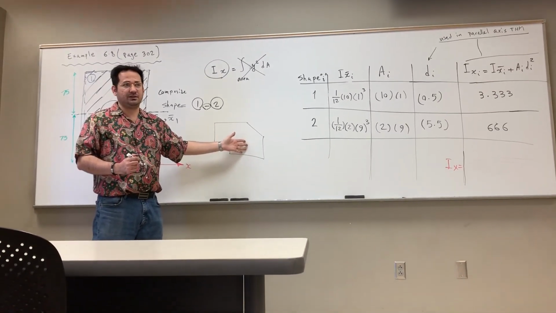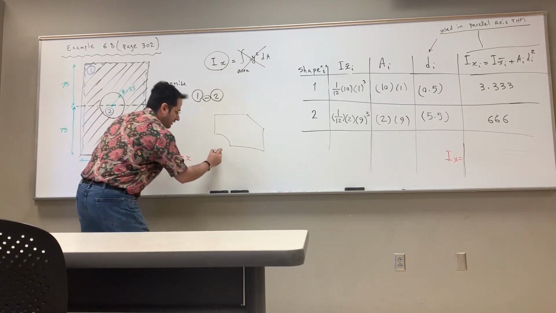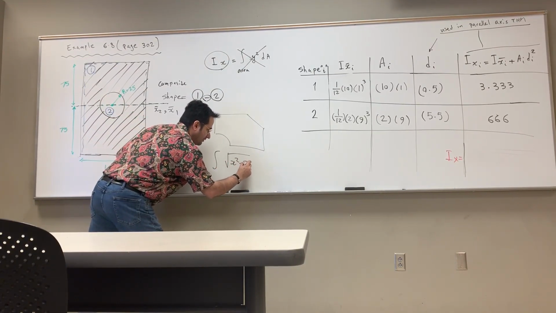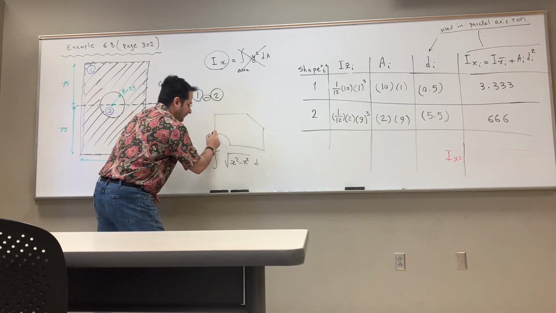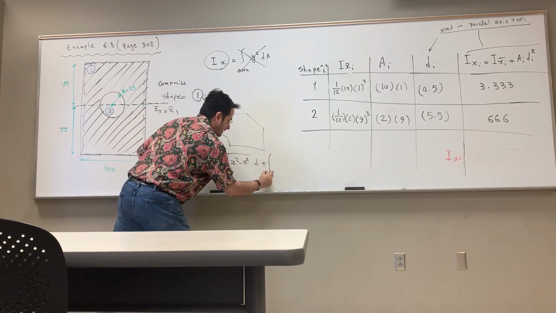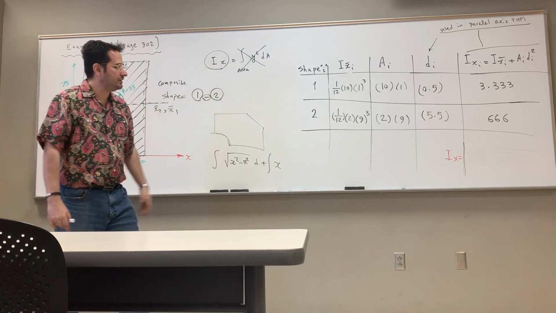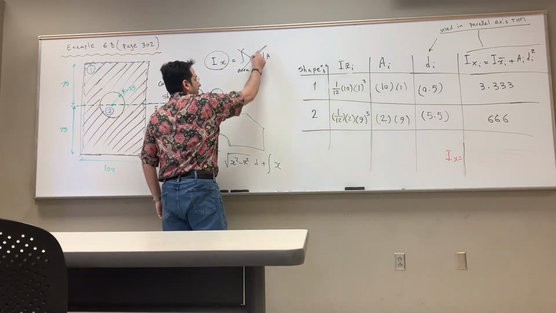It's just stupid. And I saw some students write integral of square root of x squared minus r squared from here, and then plus integral from here. And I was like, look, that's not the correct approach.